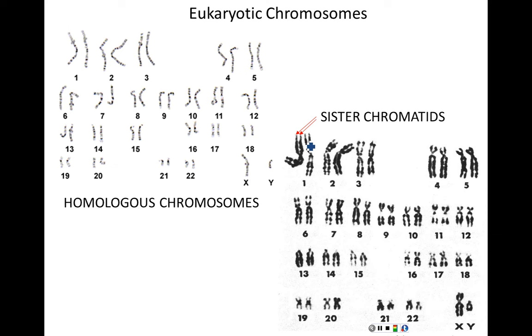This is a red 3 that you got from your mother, and this is the other red 3. Are they similar? They are. They're both 3s. Are they identical? No. One came from your father and is green, and the other came from your mother and is red. Okay, so that's what we mean when we say replication lays the groundwork for sister chromatids.